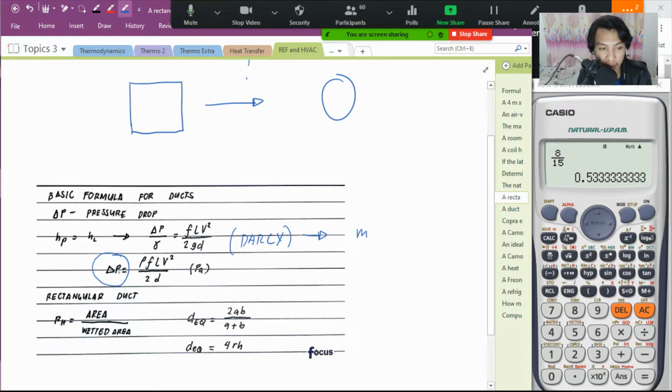Kasi ito, tandaan nyo, ito, this one, diba ito is equal to density times G. O ngayon, na-cancel yung G niya dito. So, the pressure drop now, coming from your Darcy equation, in order for you to get the pressure in pascals, that is equal to density multiplied to the friction dun sa duct, the length of the duct multiplied to the velocity of the air in the duct divided by 2D.